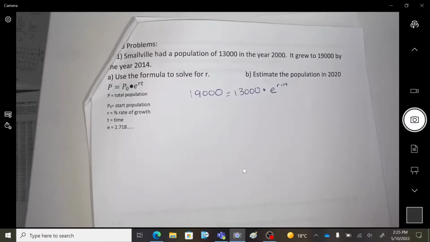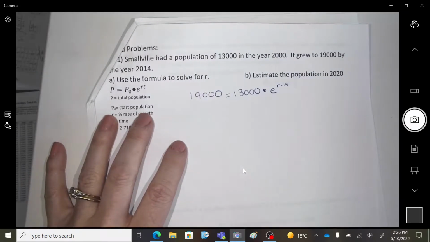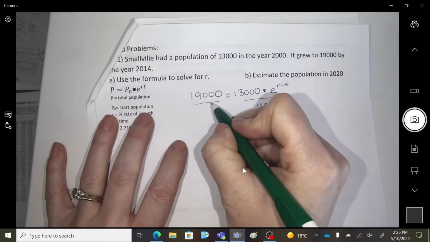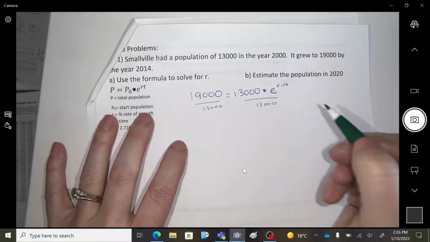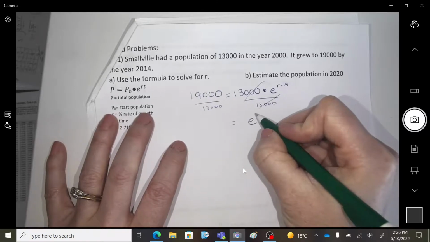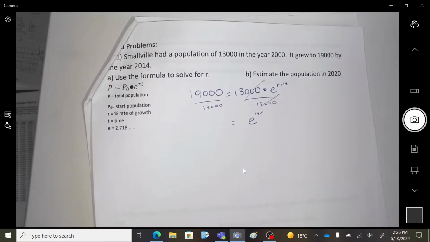Okay, now algebra. I'm going to divide by 13,000. And I'm going to write this as an E to the 14R. Is that okay?